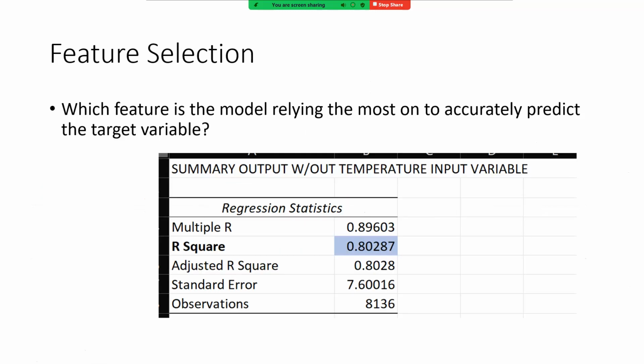Before I walk through that, I just want to say really quickly from a feature perspective that I ran the linear regression against a different variety of the features. So what I did was I took out one feature at a time to see what the impact would be to the R square or to our prediction capabilities. And it became very clear that temperature is the most significant feature or input variable.